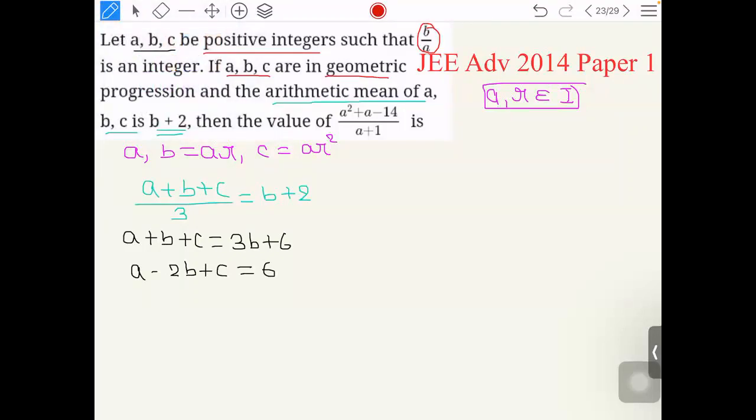आ जाएगा A माइनस 2B प्लस C इज इक्वल टू 6। अब हम लोग केवल दो वेरिएबल में लेके आ जाएंगे, A एंड R। सो वी कैन राइट इट एज A माइनस 2AR प्लस AR स्क्वायर। दिस इज गिवन टू यू एज 6। और वी कैन टेक A कॉमन। अगर A कॉमन ले लिया तो क्या हो गया?